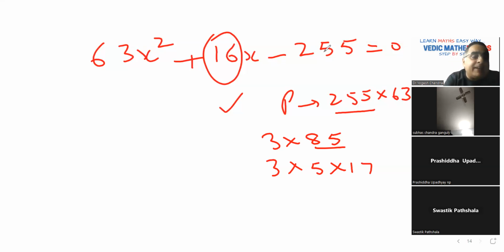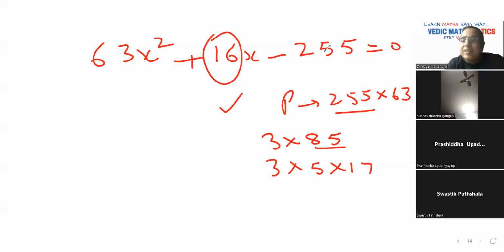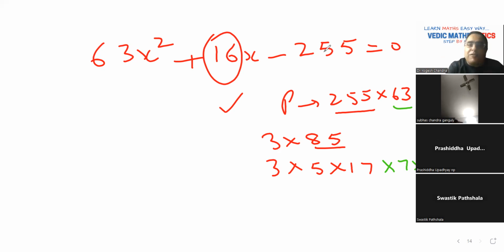What about 63? So 63 is nothing but 7 and 9, or 3 into 3 into 7. Now again, we need minus of product and positive of sum. So let's try. I try this 17 and 7. I know recently I did it, 119.